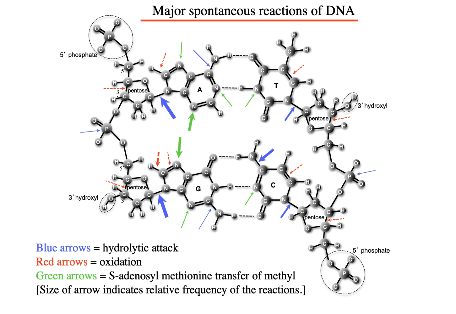The third set is indicated in green here, and those are S-adenosyl methionine transfers of methyl groups. This is actually an ancient way to transfer methyl groups and probably existed in organisms 3.5 billion years ago. But it happens to be one that is damaging to DNA, although it's still used in other processes around the cell.